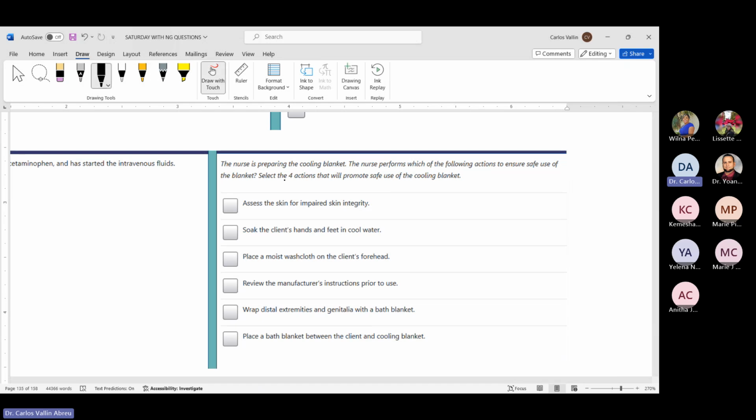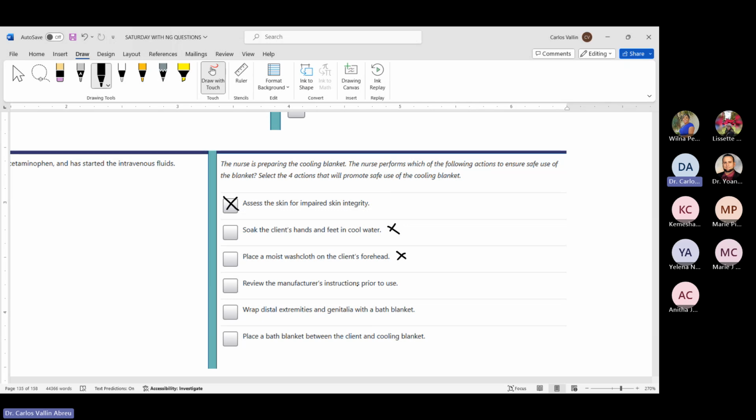We need to limit to only 4 actions that will promote safe use of the cooling blanket. Let's see. Assess the skin for impaired skin integrity, of course. Never assessment is wrong. Soak the client's hands and feet in cold water. No, we don't involve the extremities in this process. Place a moist washcloth on the client's forehead is not used.